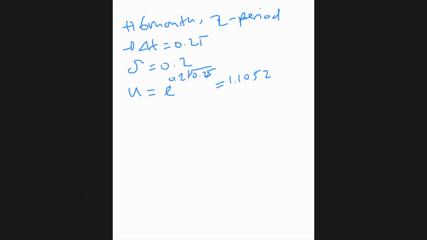D is 1 over U, which is roughly 0.9048. D is always less than 1. So if you want to know you are right, it has to be less than 1.